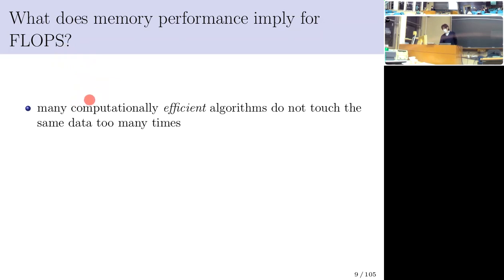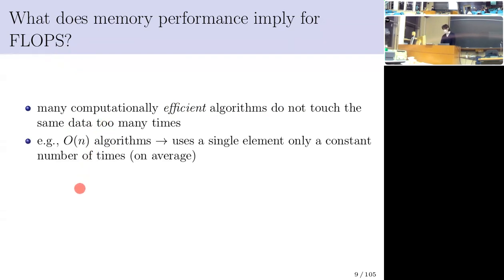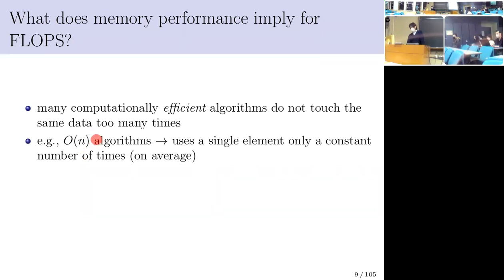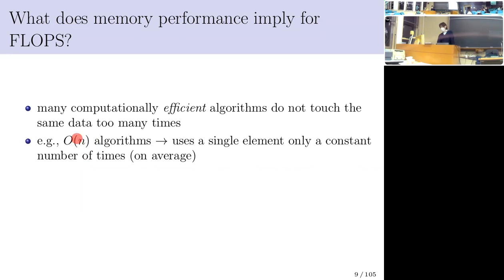The fact is that many so-called computationally efficient algorithms, so clever algorithms, do not touch the same data too many times. It's sort of obvious, right? For example, the typical algorithm that is called efficient is something whose time complexity is like order n, or order n log n, where n is basically the size of the data.